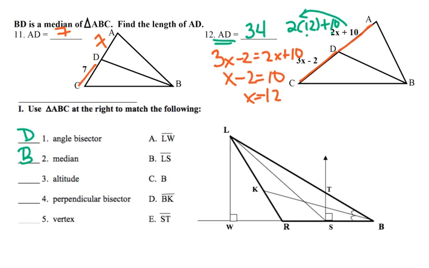The only one that goes from a vertex would be right here, which will be LW, A. A perpendicular bisector does not come from a vertex, but does form a right angle, which would be ST, which would be E. And a vertex is where the two lines of our angles meet, which would be B, which is C.